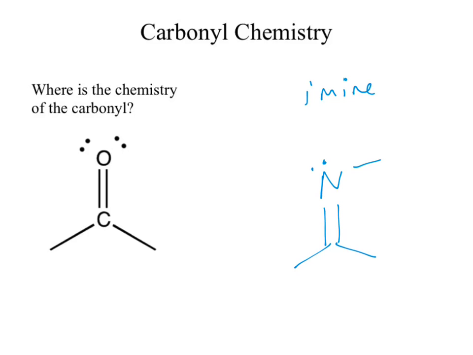Same way as our carbonyls. Right? So anytime you see these functionalities, that's what you should be looking for. Not "carbonyls react this way, and now that's the only thing I know how to react." Okay? An imine is, for all intents and purposes, a carbonyl. Okay? So its chemistry is very, very similar to the carbonyl. There are some changes which we will address when we get to them. For the most part, they are the same functionality.